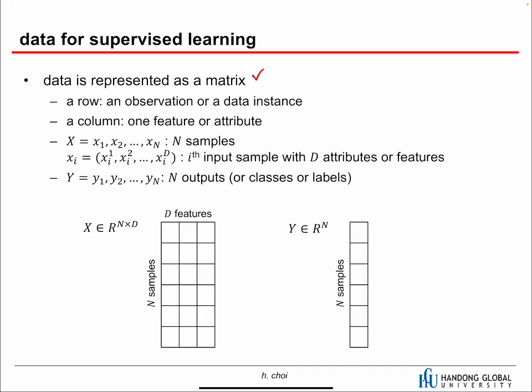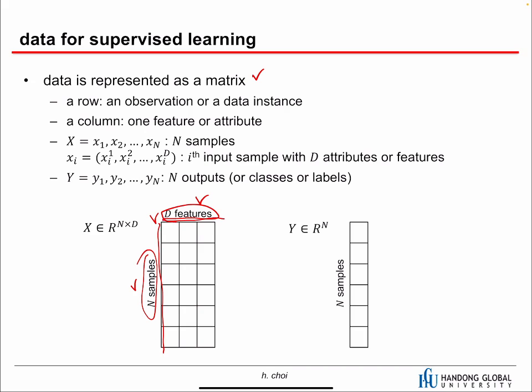In this matrix, we have n samples with d features. But this is not a fixed shape. Sometimes we have samples here and the features here, so when you load data, you have to check which dimension is which. But recently this is more popular: the row corresponds to the samples and the column corresponds to the features.